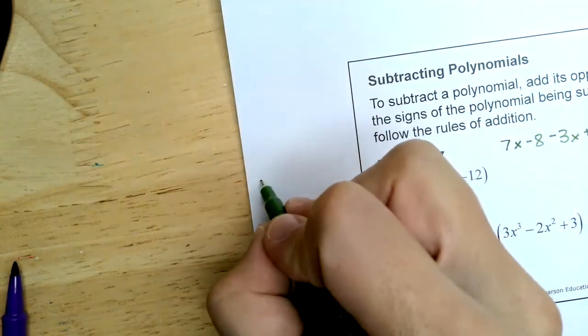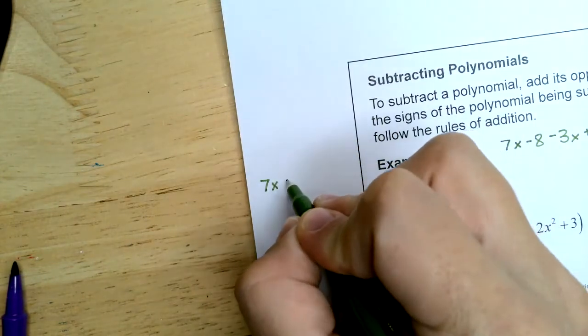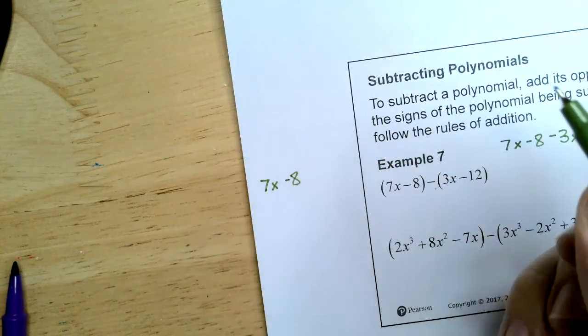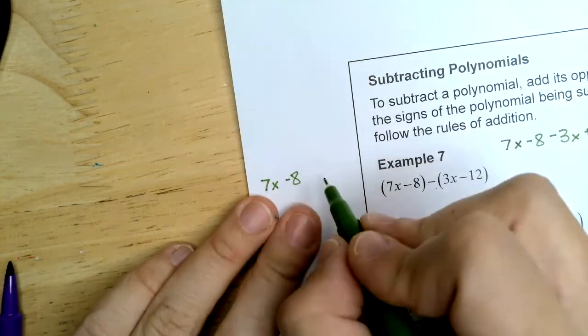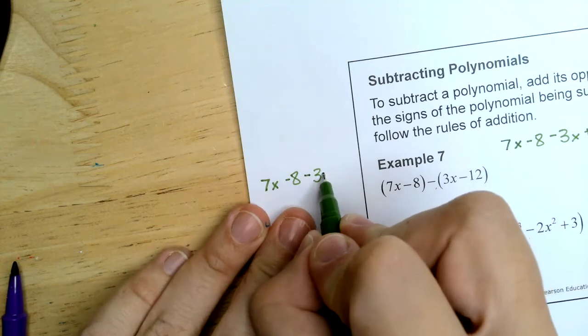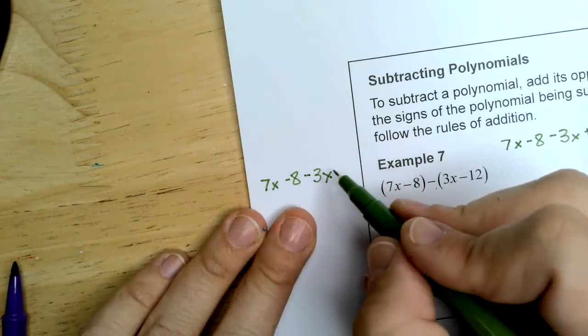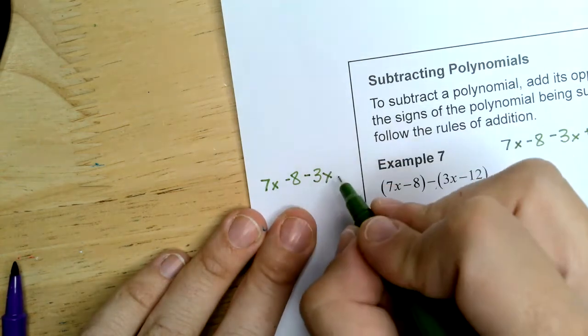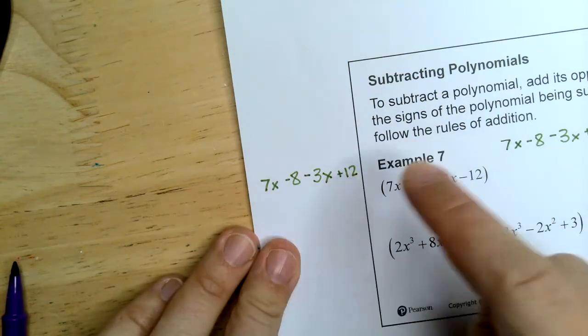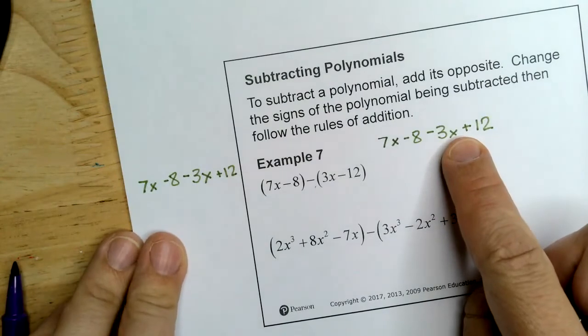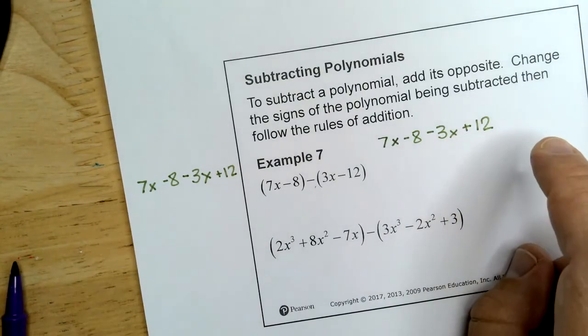The way I think of it is -1 times 3x becomes -3x, and then -1 times -12 becomes +12. So if you want to think of it as multiplying by a -1, or you just want to think of it as changing the sign, it's up to you, okay?